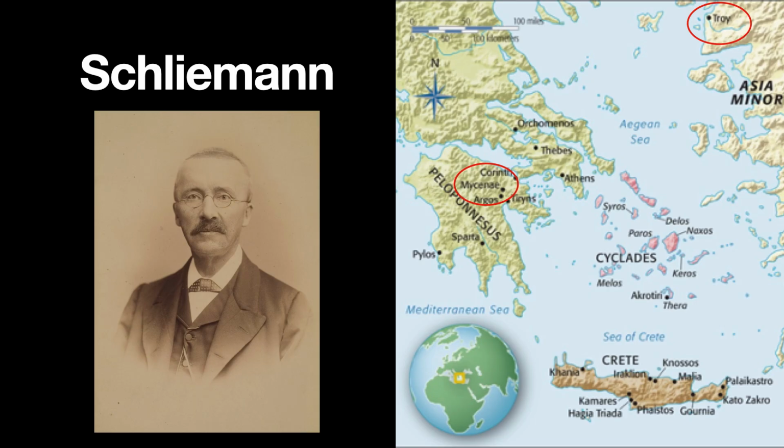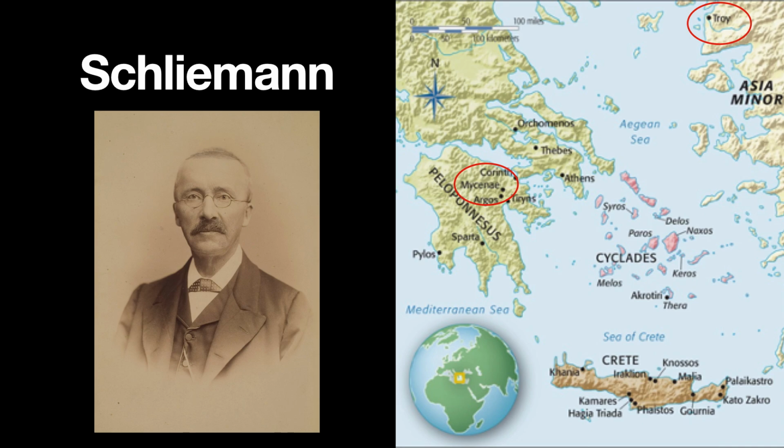Until about 1870, the world regarded the Iliad and its chronicle of the Trojan War as fiction. In the late 1800s, however, Heinrich Schliemann, a wealthy German businessman with an intense passion and interest in archaeology, proved that the cities of the Iliad were real.